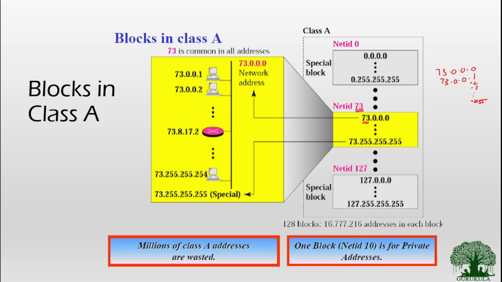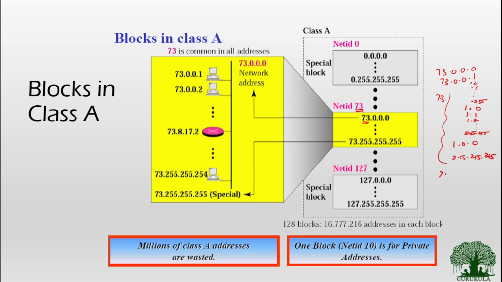After 255, it will run to 73.0.1.0, then 1.1, 1.2, and so on, until 255.255. Later on it will be 73.1.0.0, and it goes up to 73.255.255.255. For all of these, 73 is common.